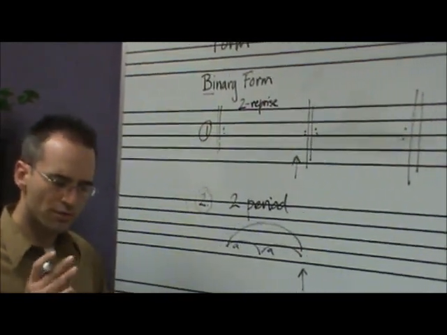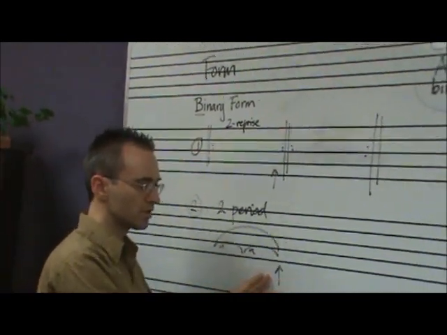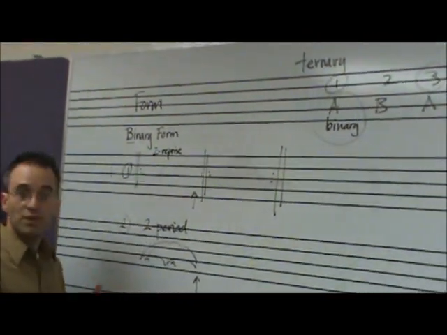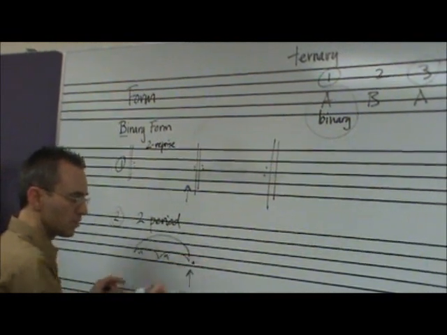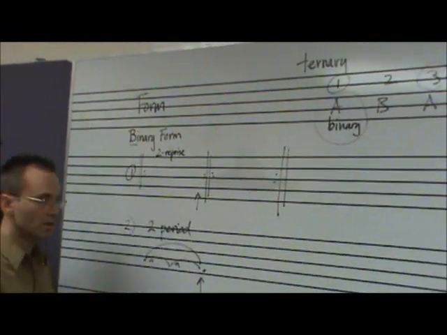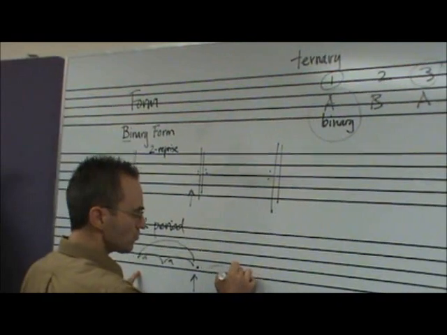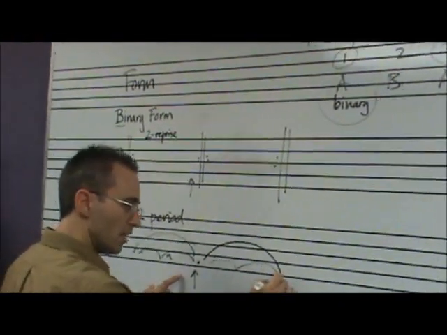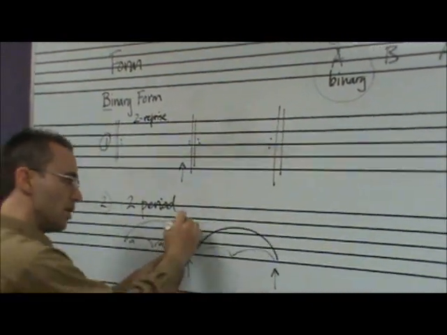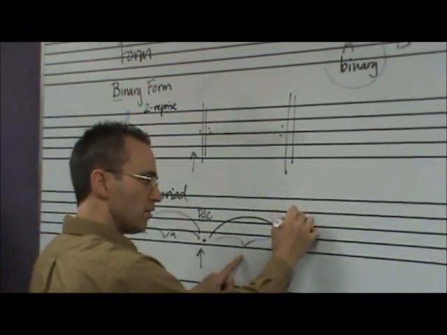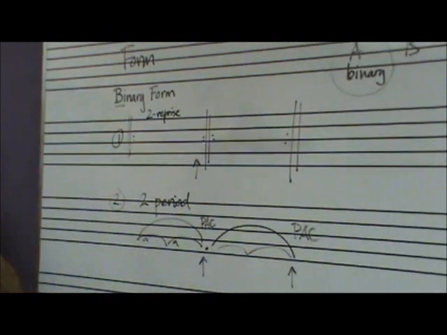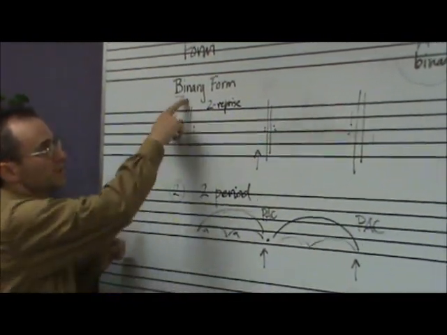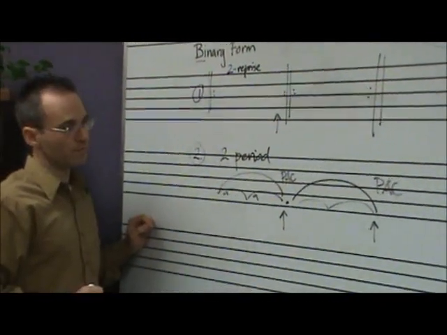So the traditional viewpoint is to look for points of closure and say, that's a chunk, that's a part, that's a unit. It's a period. So you got your punctuation mark there saying, I'm done. And then if you have another unit, I don't care how many phrases it is, but the main thing is that you've got a period, and again, you're going to have closure here. So probably PAC and PAC there. That makes two periods. Two again, and so it fits into this category of binary form.